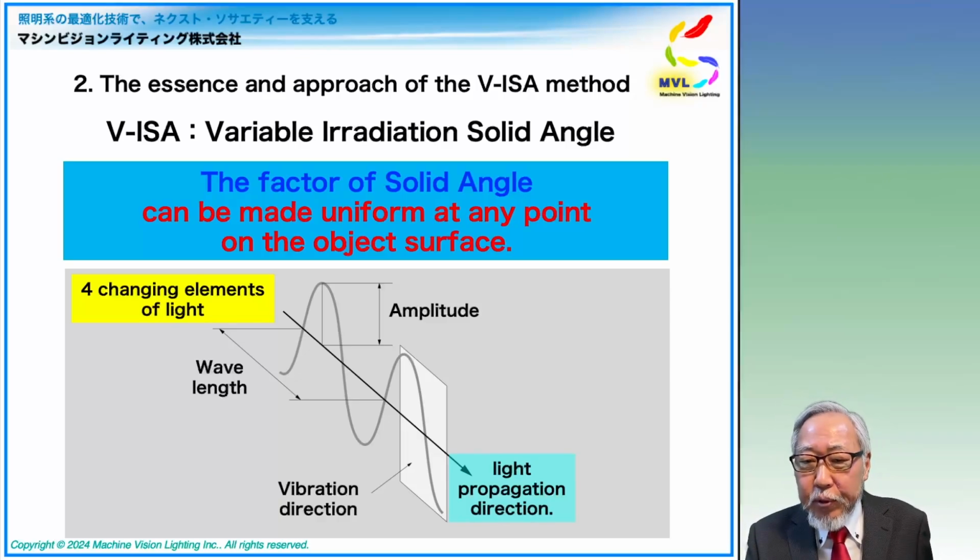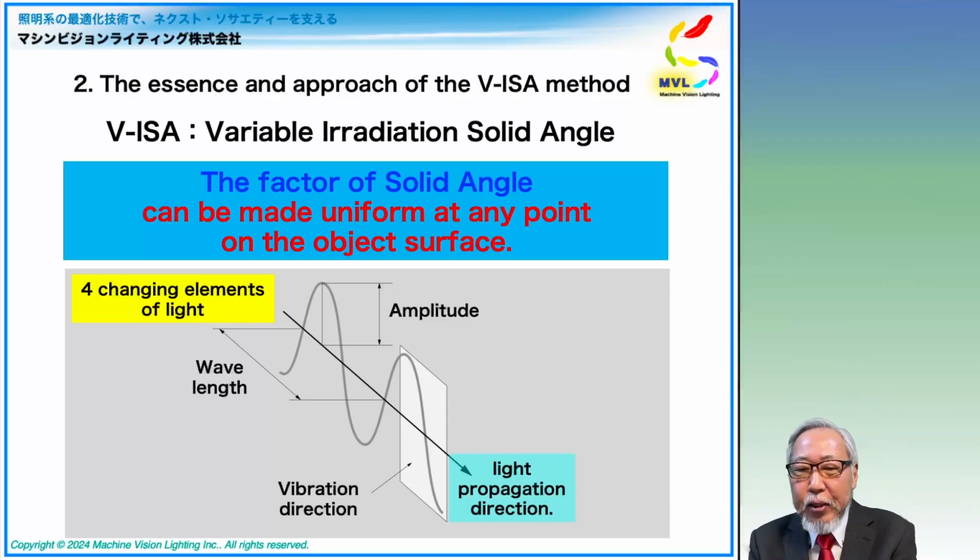However, if this becomes possible, it will be possible to obtain quantitative images of other wavelength, amplitude, vibration, and other information. Since it has not been possible to obtain quantitative images up until now, people have been working hard to introduce AI systems. But in fact, by incorporating conventional rule-based image processing, it has become possible for machines to perform extremely accurate visual recognition.